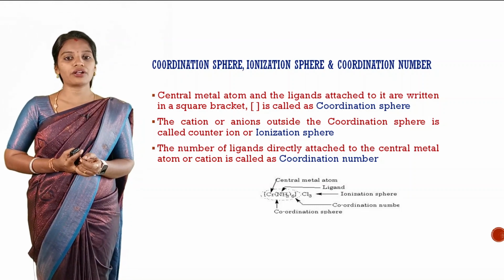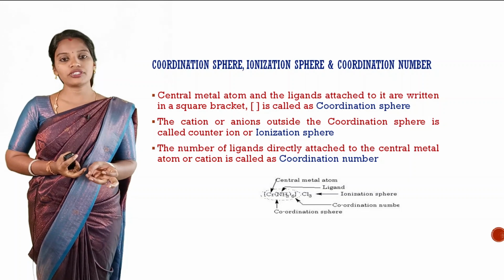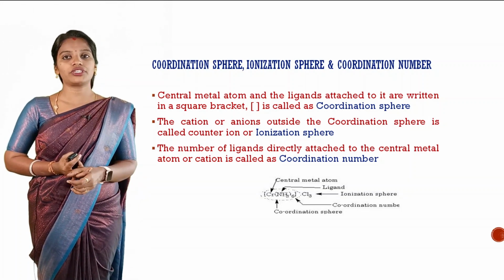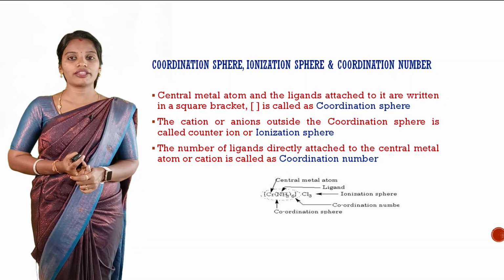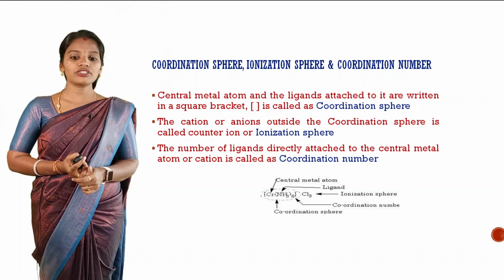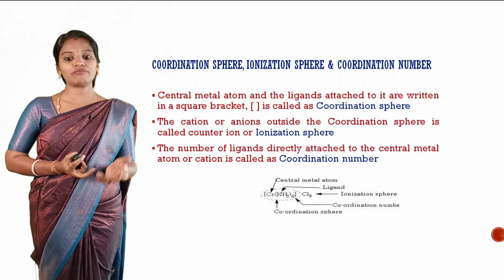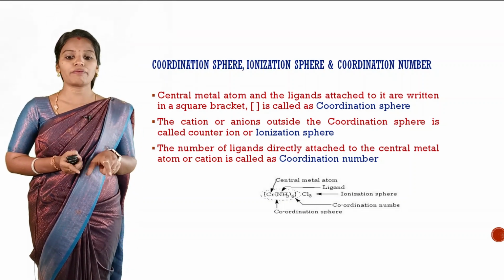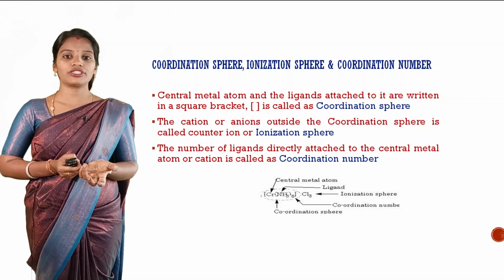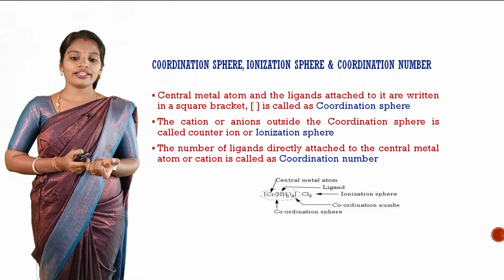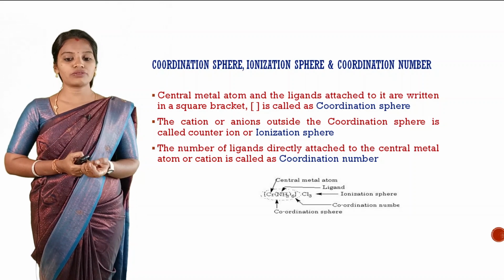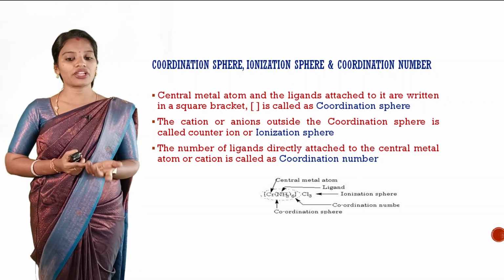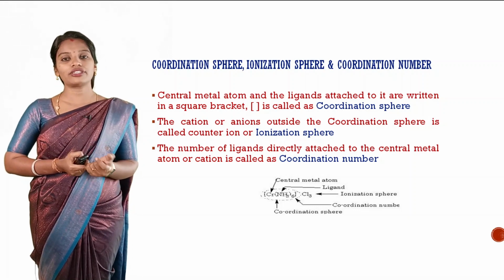From this example you are going to learn about the coordination sphere, ionization sphere or counter ion, and coordination number. First we start with the coordination sphere. The central metal atom and the ligands attached to it, written in a square bracket, is called the coordination sphere. The next one, ionization sphere, is nothing but the cation or anion outside the coordination sphere.